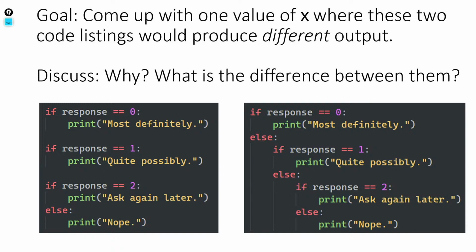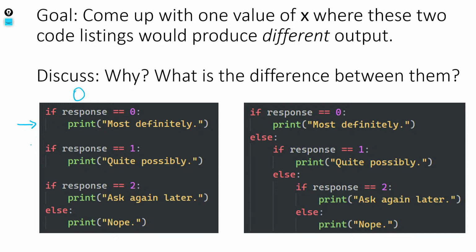So on the left-hand side, does anyone want to posit what's an input that would give you a different output? 0 or 1. All right. So yeah, absolutely. Let's try 0. If response is equal to 0, then we would print most definitely. Yep, that would happen.